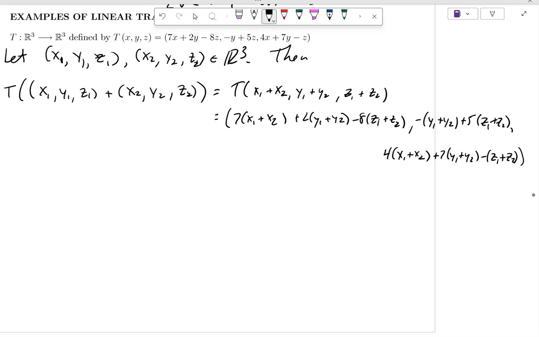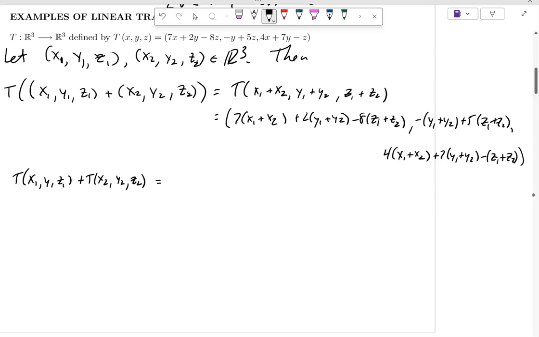We could simplify that and split it back apart, or we could compute the other side of the equation. I could do T of x1, y1, z1 plus T of x2, y2, z2. And see, we end up with the same thing. That's our goal, right? I'm trying to show this really is a linear transformation. I need to get to the same thing on either one.